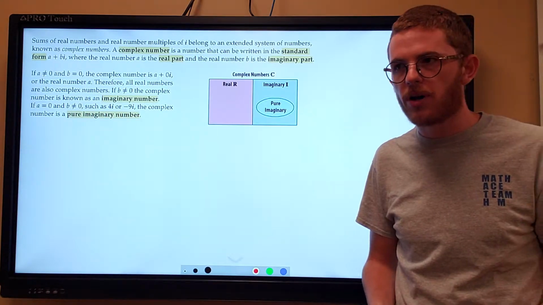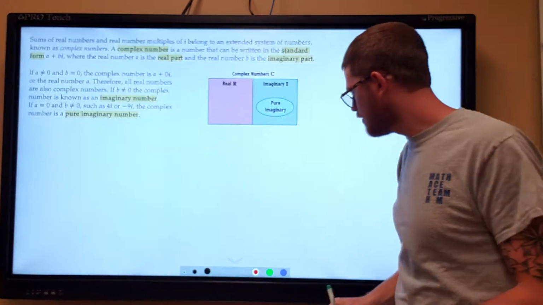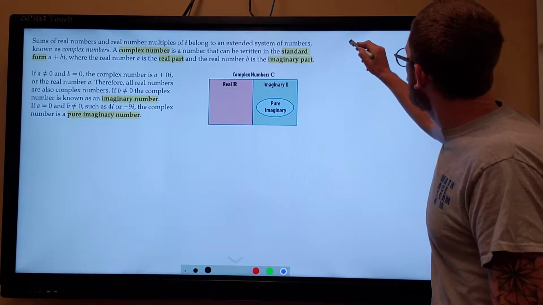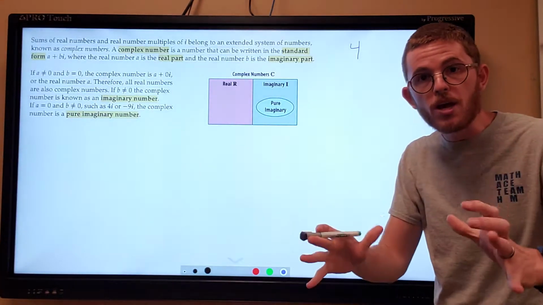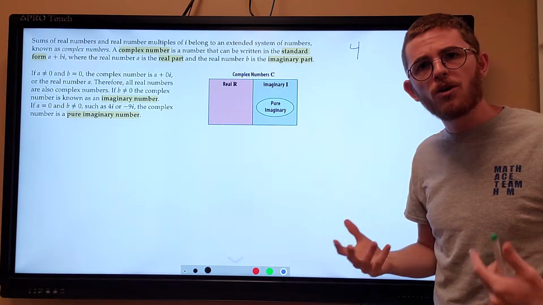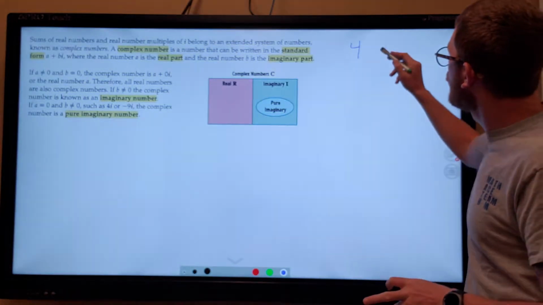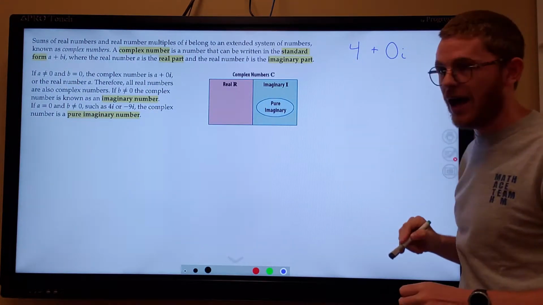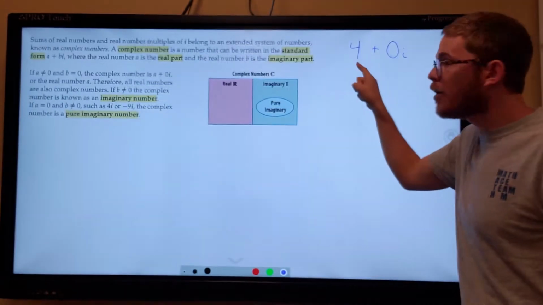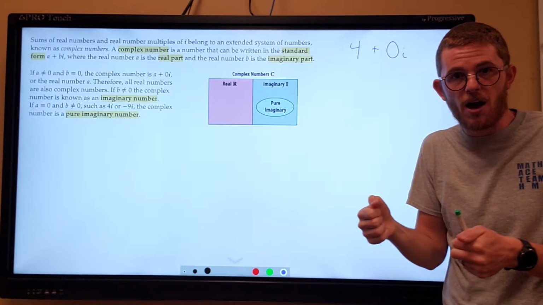We can actually express any number as a complex number. For instance, if we want to talk about 4, 4 is a real number. But if we want to express it as a complex number, we would write it as 4 plus 0i. The real part is 4, and there's no imaginary values.